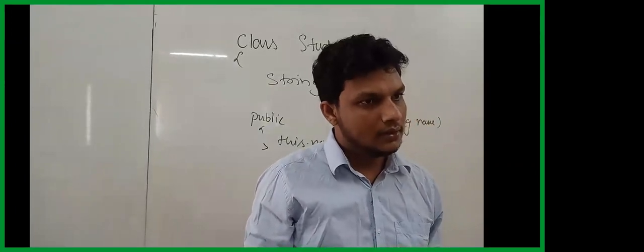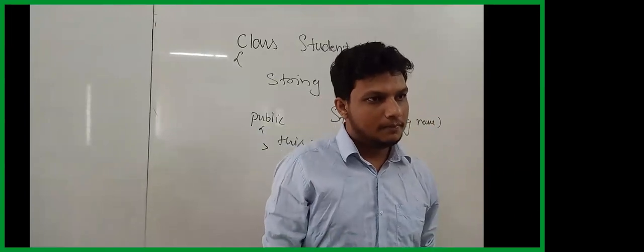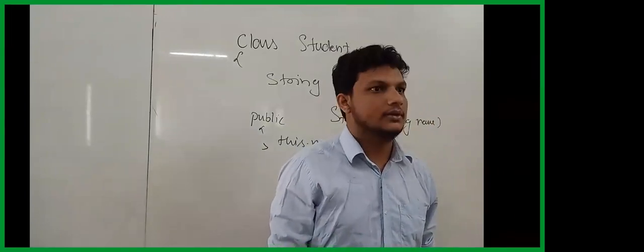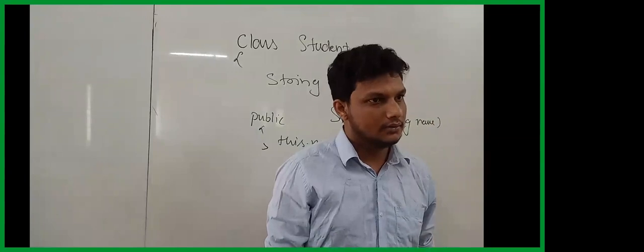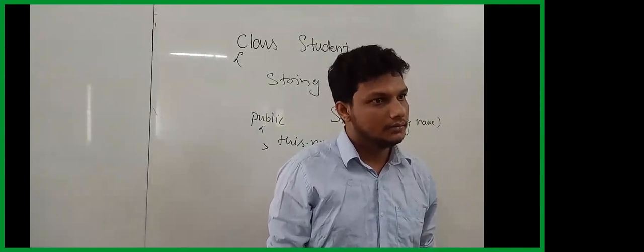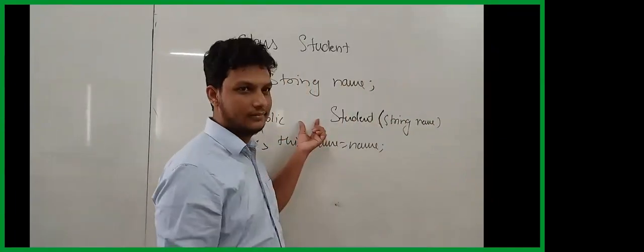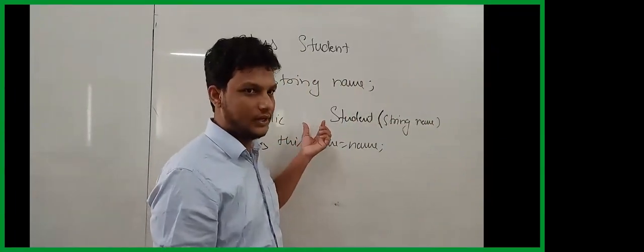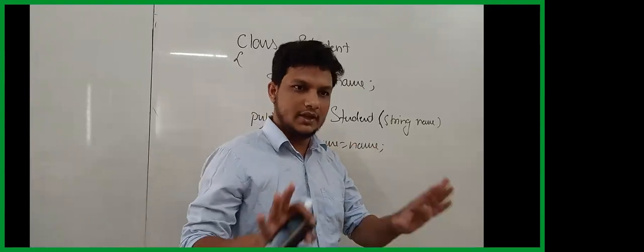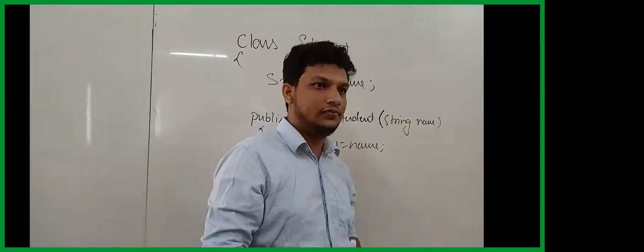Initialize the instance variable. Very good. And it gets automatically executed. You need not call it, it has the same name as the class, and it has no return type. If you tell this much, you will get full marks.